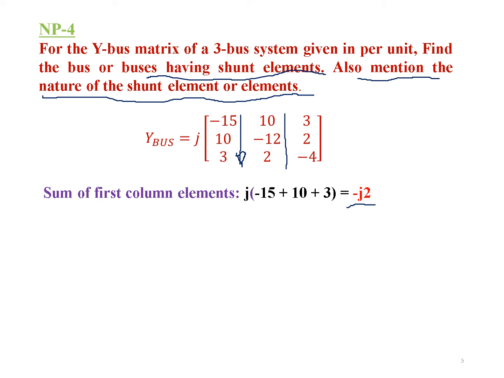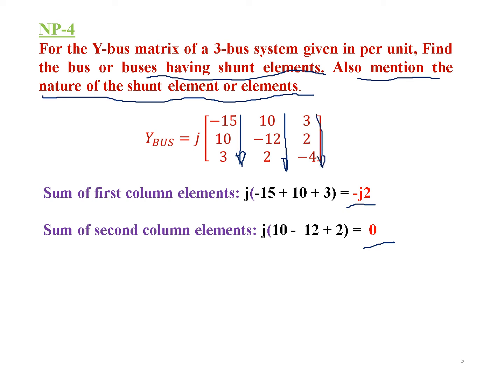Now the sum of the second column elements is equal to 0, which means there is no shunt element present. And what about the sum of the third column? The sum of the third column elements is again a non-zero value, that value is J1.